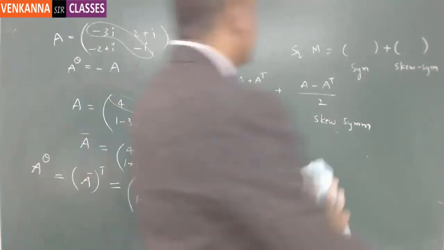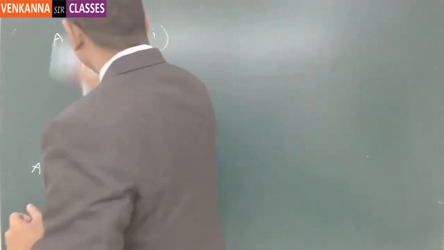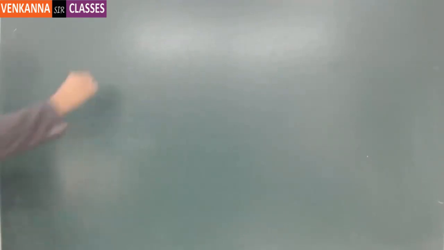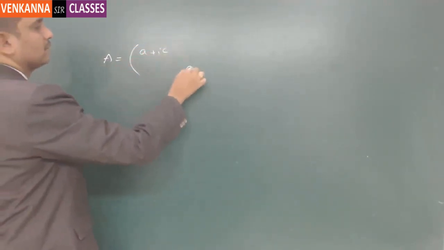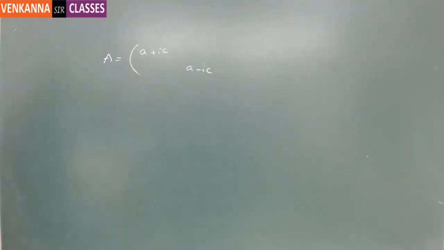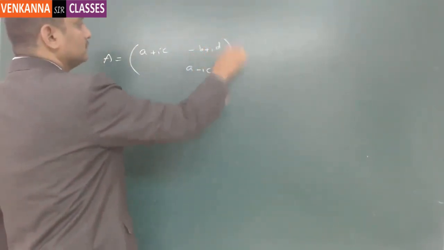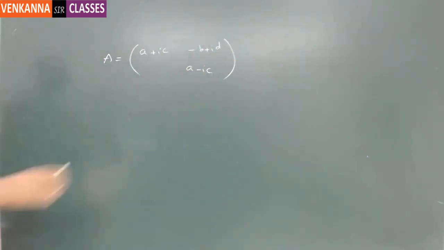So let us take a small problem which also gives an idea over these matrices. Suppose you take capital A equals a plus ic, a minus ic, and minus b plus id, and b plus id.